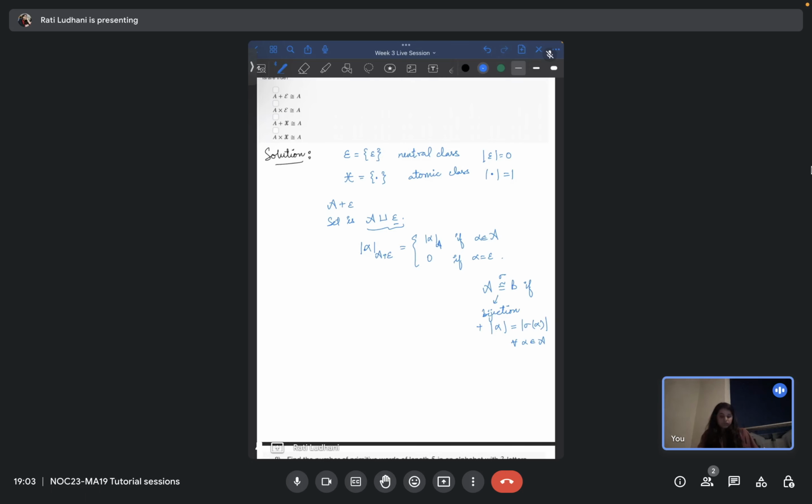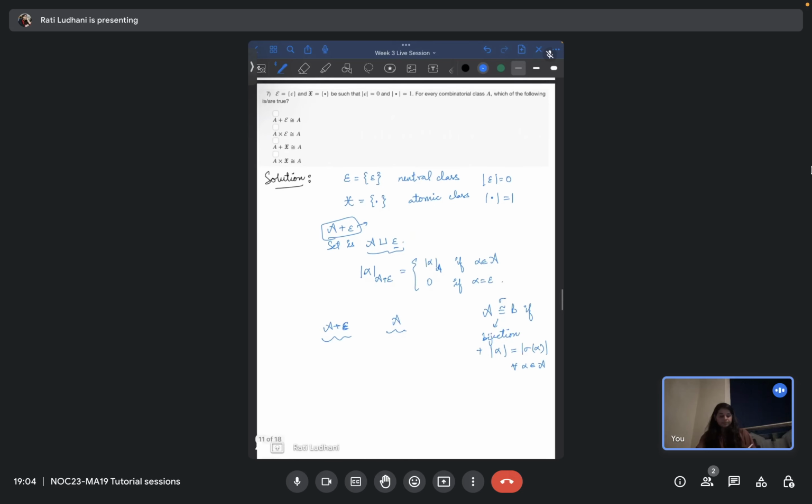Now firstly check how many elements we have. There should be a bijection. Now you have A plus epsilon. For example, if A is finite, then there is no bijection, because A plus epsilon and A have different numbers of elements.